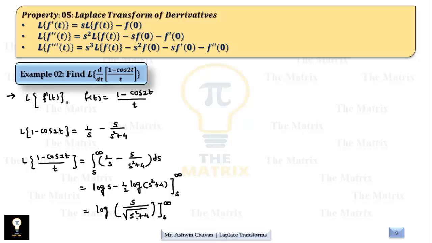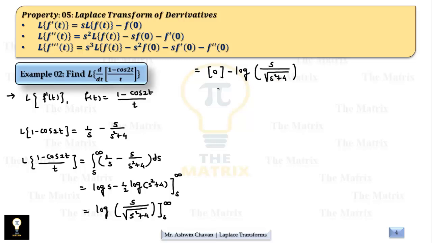Now if we take s square common from the square root, we get s outside, which cancels with the numerator s. The remaining term is 1 upon root of 1 plus 4 by s square, and when we apply s as infinity, 4 by s square gives 0, and the remaining term is only log of 1, which is 0. So we get upper limit value 0 minus the lower limit, where s is replaced by s, so the term stays as s upon root s square plus 4.